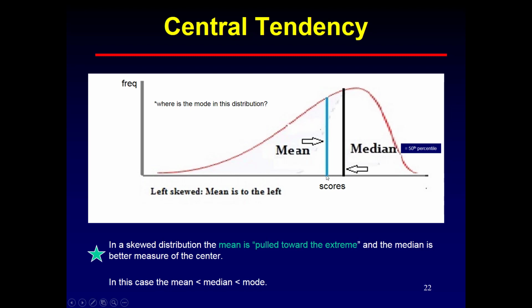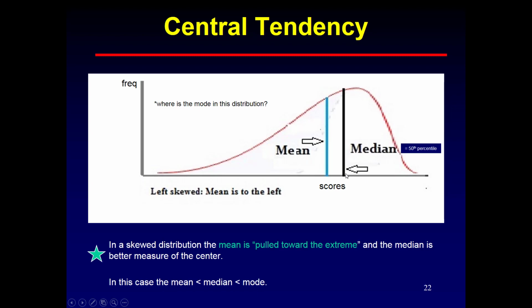The mode is the most frequently occurring score. So to identify where that is on the distribution, you simply look at frequency. You find the most frequent score corresponds to the height, the tallest point in this distribution, and you come down here and you would write, here is the score that corresponds to the mode.